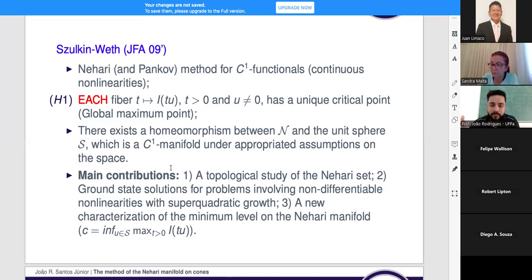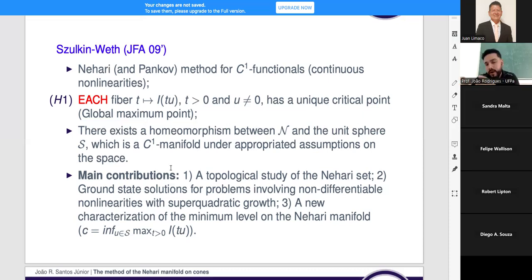And if you have some additional assumptions on your Sobolev space or your Banach space, you can prove that the unit sphere has a C1 structure. The unit sphere is a C1 manifold. So you can use the differentiable structure of the unit sphere in order to overcome the problem of proving that critical minimum points of the functional on the Nehari set are critical points.